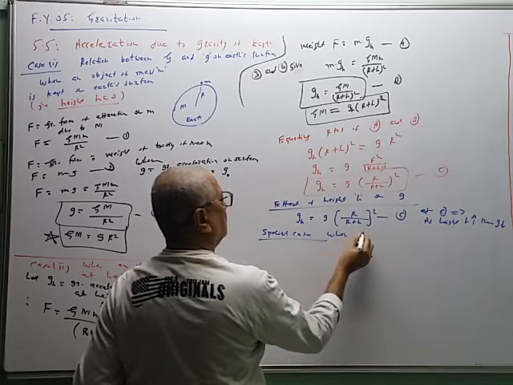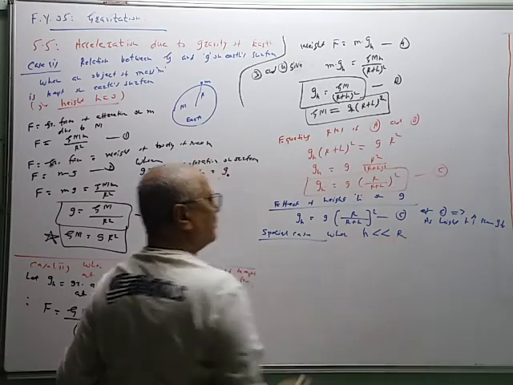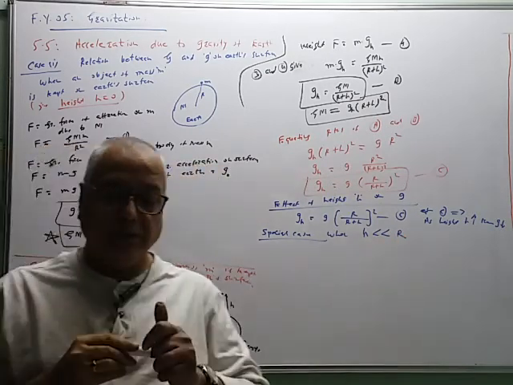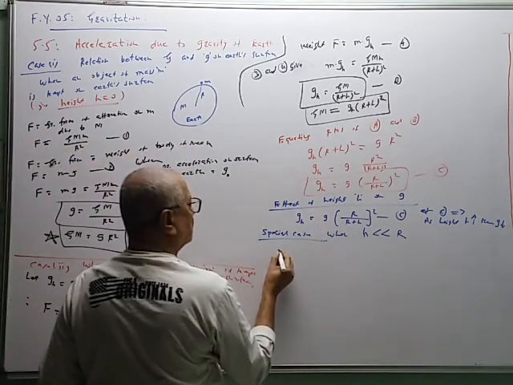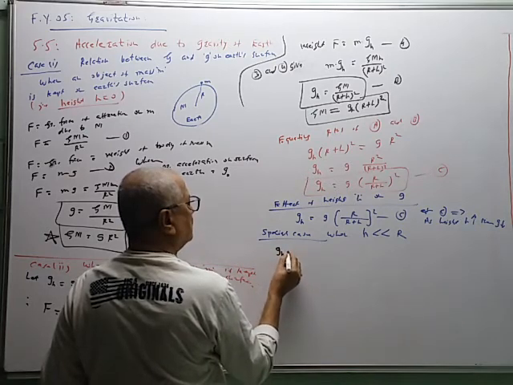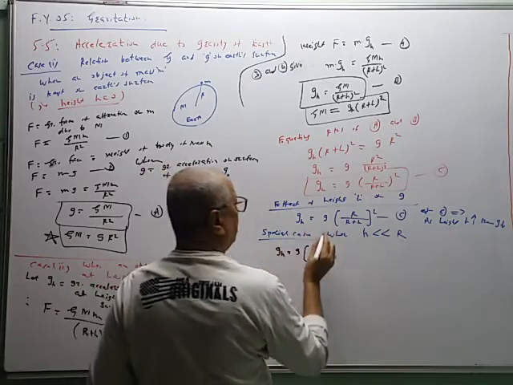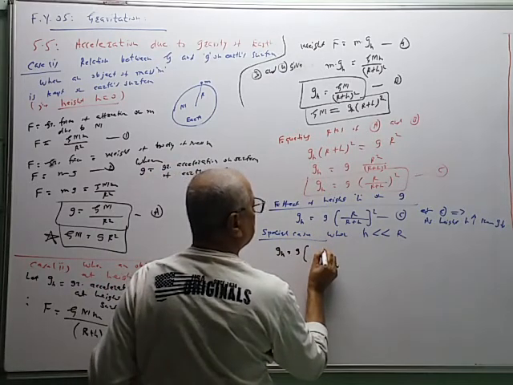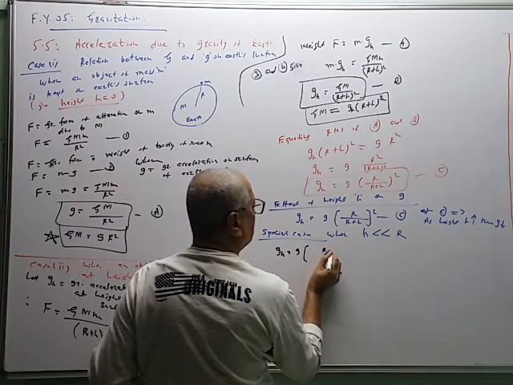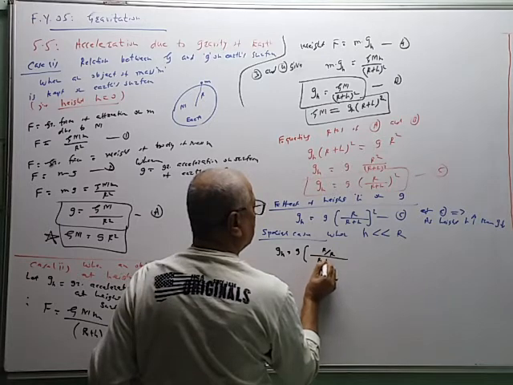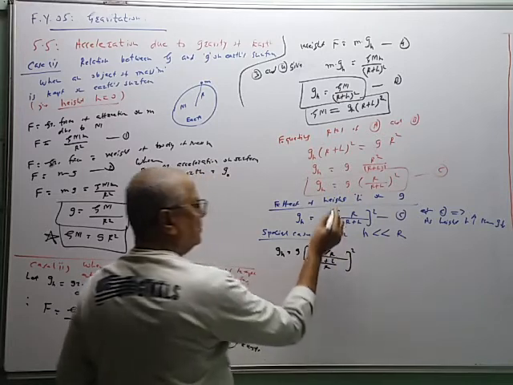When the height of the object is very small as compared to R, then what is the relation between gh and g? So I will arrange this equation like this. gh is equal to g into bracket R upon R divided by R plus h upon R whole bracket square.